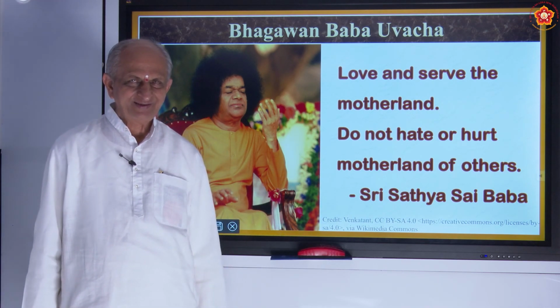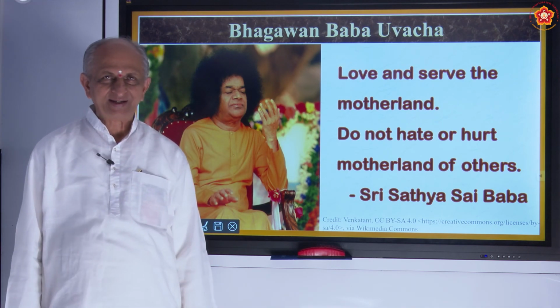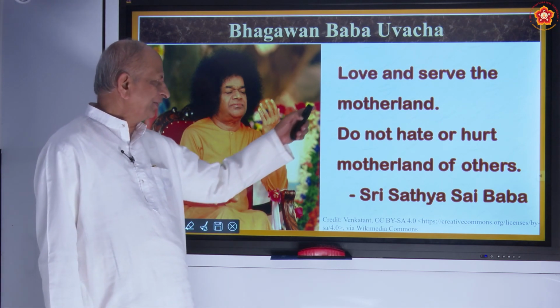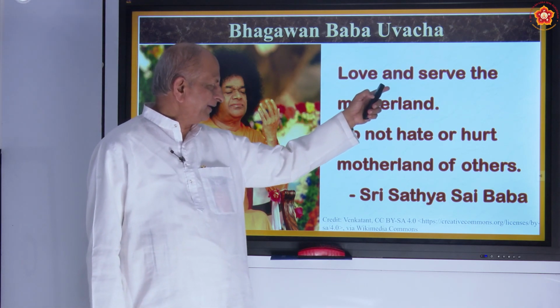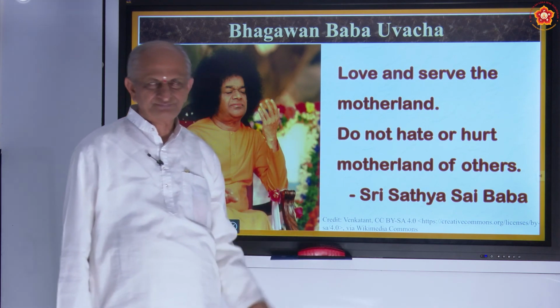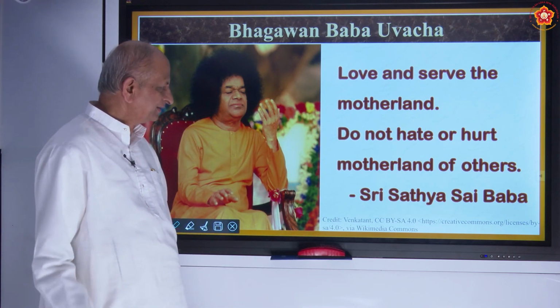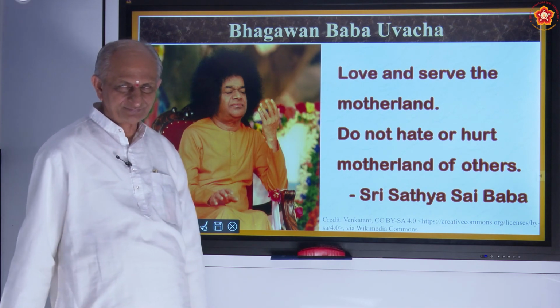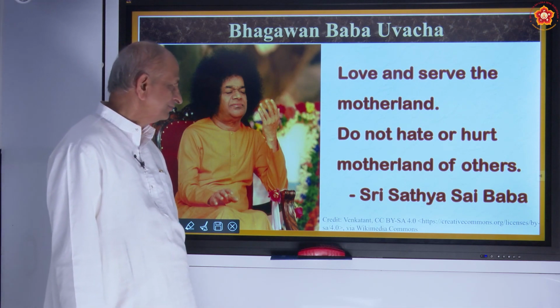Then he says, mother and motherland are greater than heaven. So what do you have to do there? You have to love people and serve the people all around us. What does love mean? All selfless actions. What is done selflessly is called love.